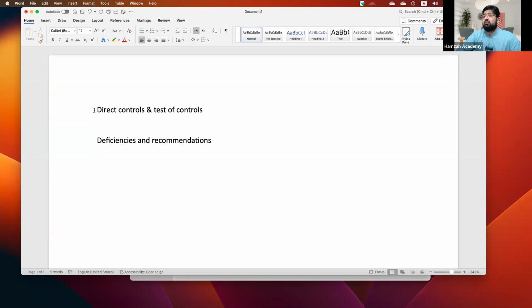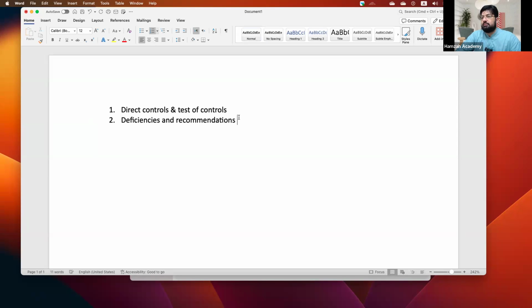And the third type of question is rarely tested. In the last 2-3 years it has not been tested, but it can be tested. The third type of question may have 3 requirements: deficiencies, control recommendations, and test of controls.